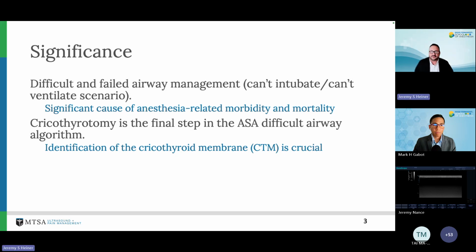And there are several terms for cricothyrotomy. I think cric or cricothyrotomy is probably the most commonly used one, but emergency front of neck access has emerged as a common term, especially in the literature.